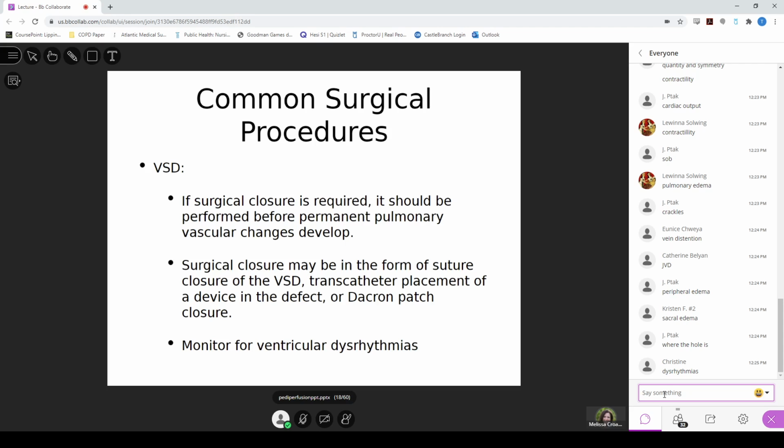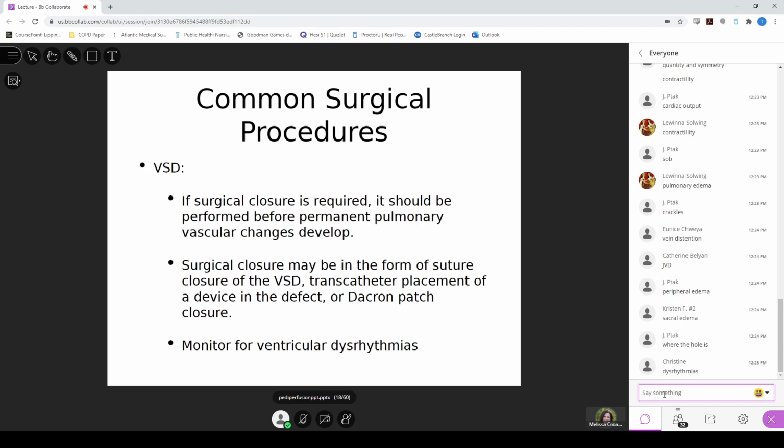So the pulmonary vascular system will change to accommodate the increased blood flow to the pulmonary side of the lungs. And once those changes start to develop, if you correct that VSD, there's a critical time after that where the body's trying to compensate back to normal. And those kids come out really, really sick.